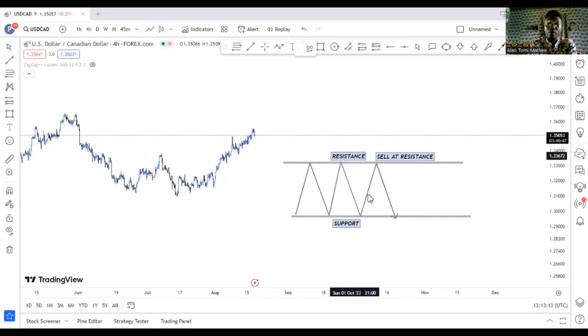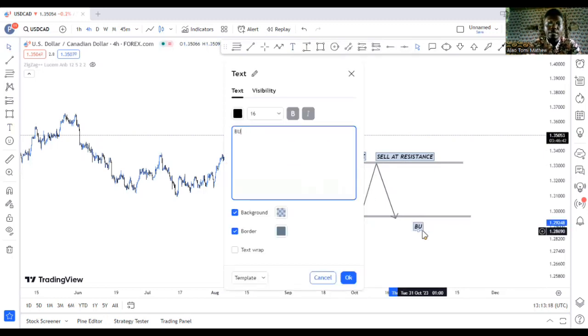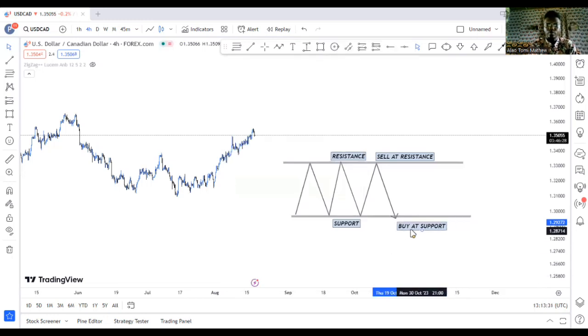When price comes to your resistance zone, you only want to be selling. And when it comes to your support zone, you buy at support. So when price comes to your support level, you only want to be buying, and when price comes to your resistance zone, you want to be selling.